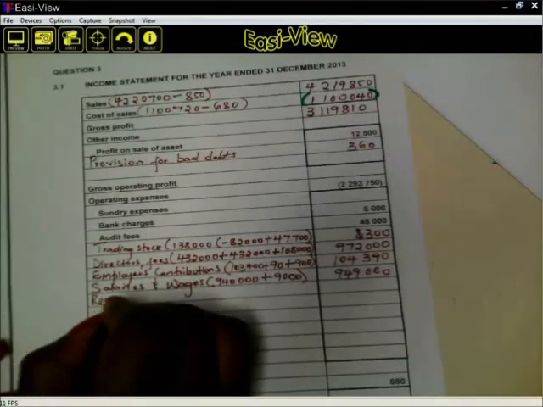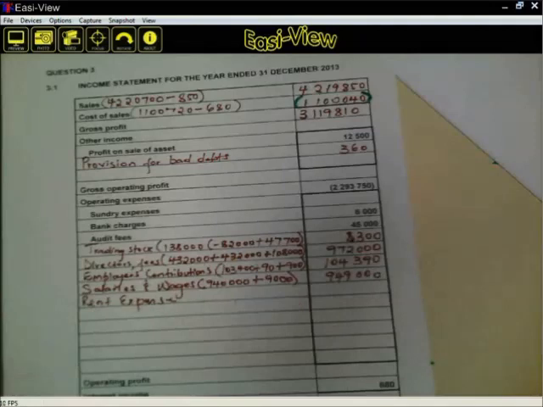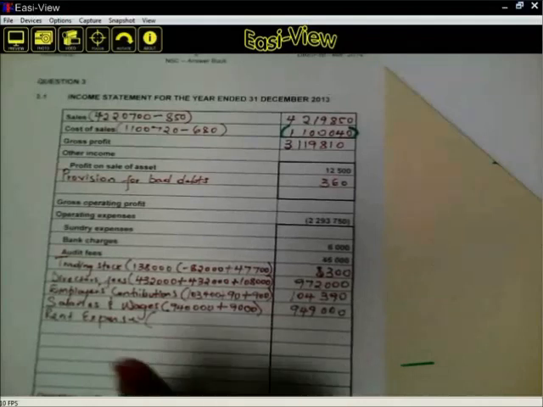So when you get to your answer sheet, you will say rent expense. Remember, this one is not an income because they said to you rent expense. They are paying rent in this case. Therefore, it's rent expense, opening bracket.